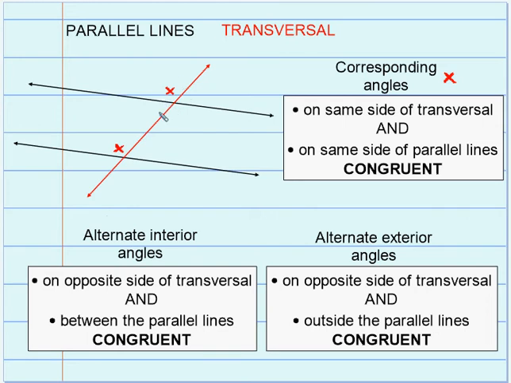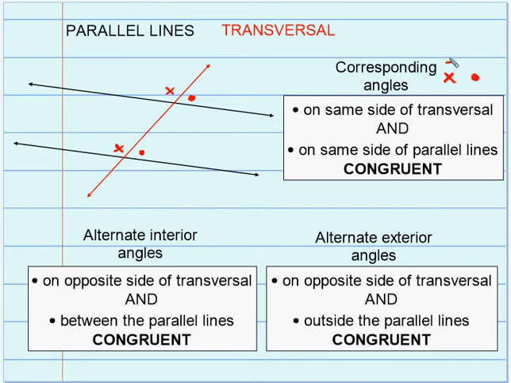They hold the same position in reference to the parallel lines and the transversal. Now, here we'll use a circle for another pair. We can go on the right side and mark those. Notice they are on the right side of the transversal, but they are above the parallel lines.